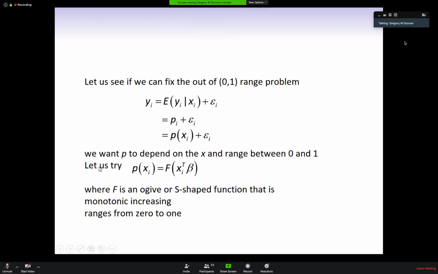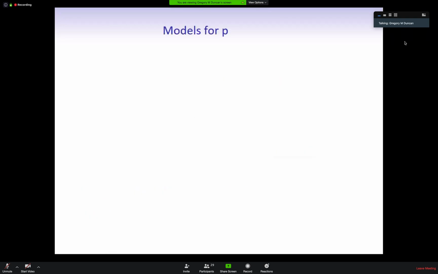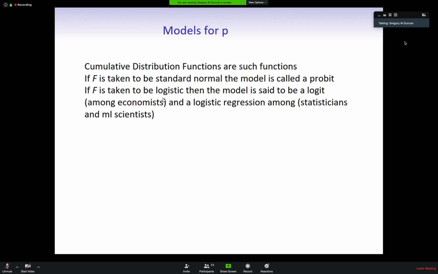So if this were the cumulative distribution function for a standard normal, the model would be called a probit. If F is taken to be a logistic, and we're talking about the logistic in great detail, then the model is said to be a logit among economists.